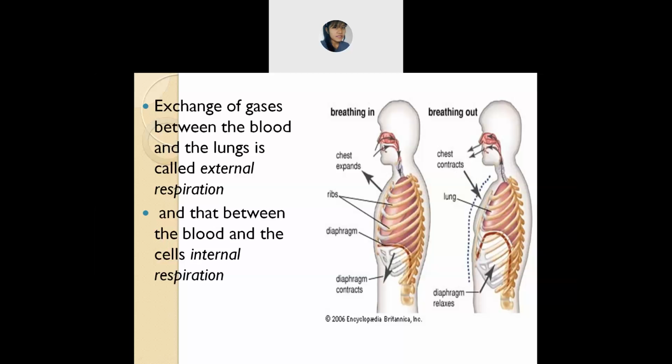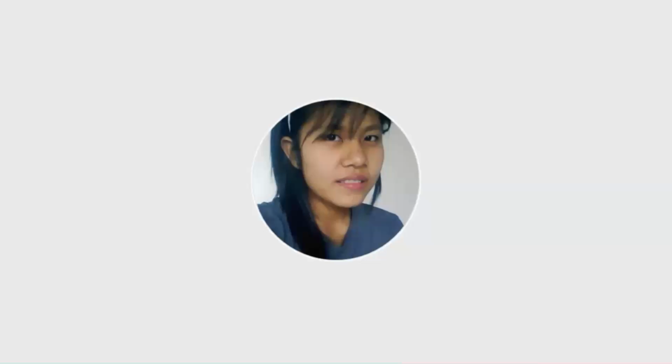And the diaphragm, this is your diaphragm, it will contract, means it will become smaller in size. So these things happen in internal and external respiration. Is it clear, everyone?